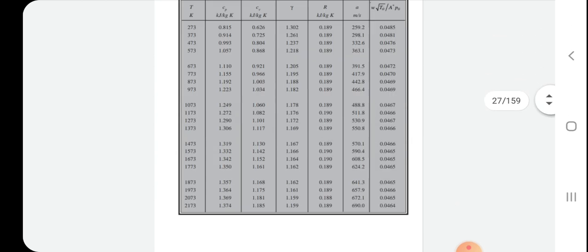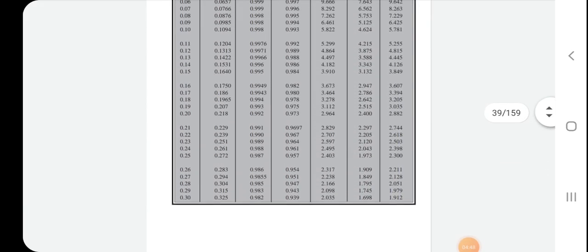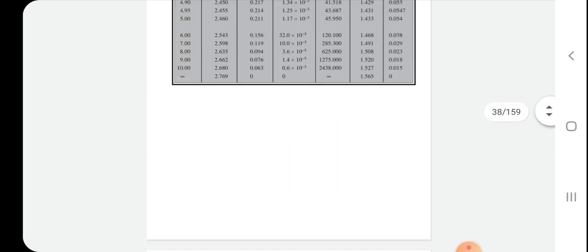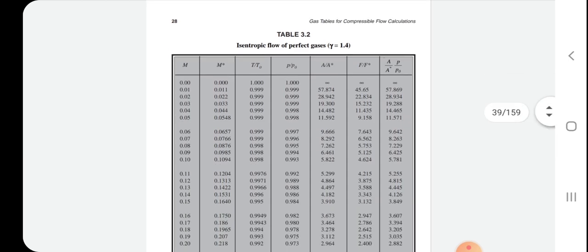Okay, so here you can see the table of isentropic flow of perfect gas for gamma equal to 1.4. For different Mach numbers, the values of M star, the reference Mach number, T by T0, P by P0, A by A star, F by F star, and A by A star into P by P0, all these values are given, right?